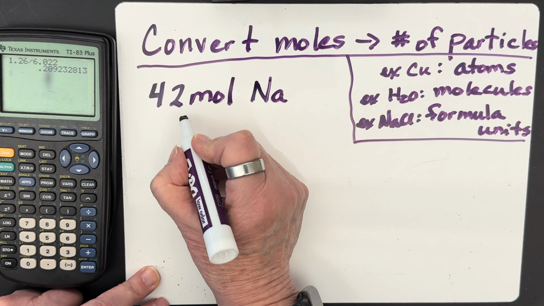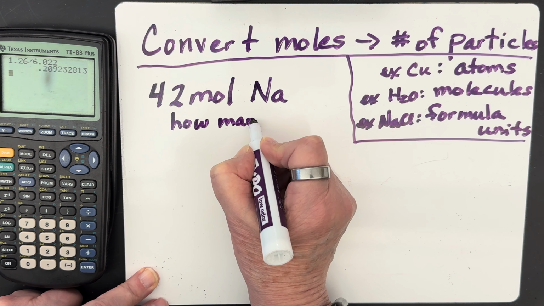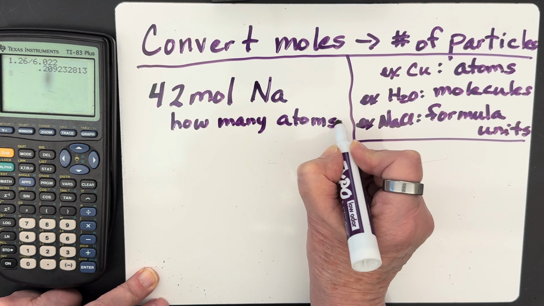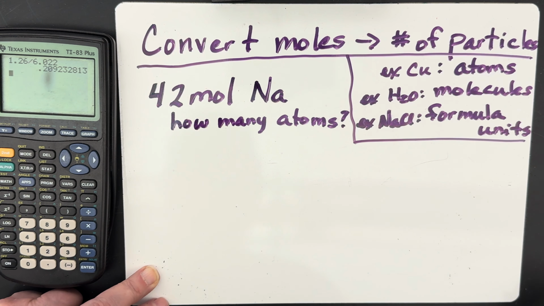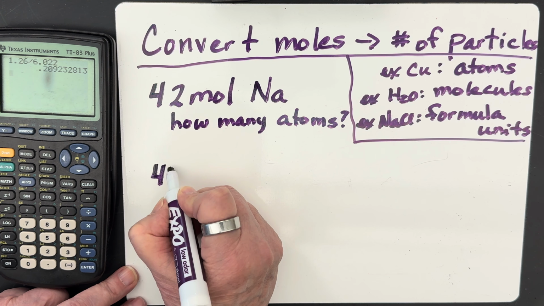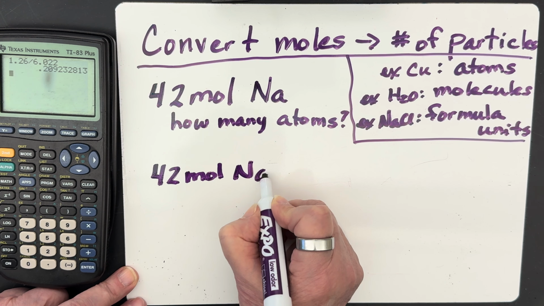We want to know how many atoms is this? So how many atoms are in 42 moles of sodium? So we start with our given, 42 moles of Na.